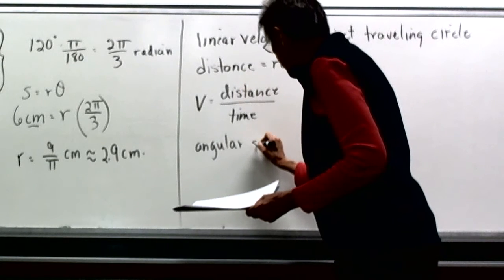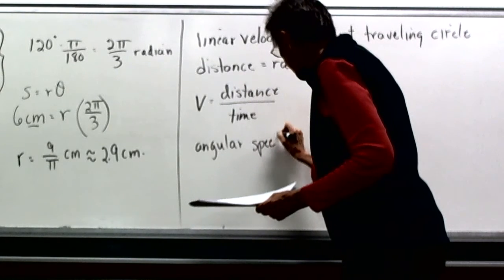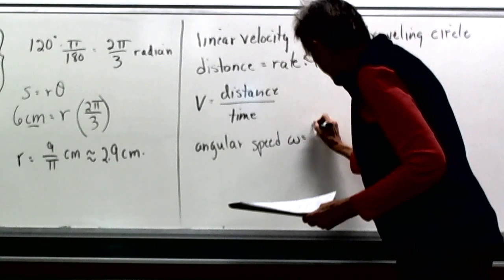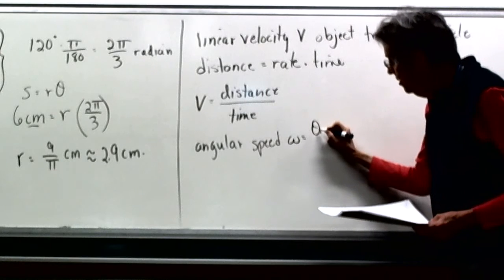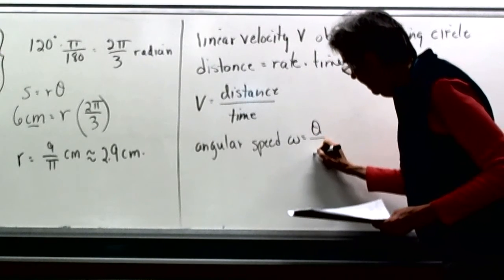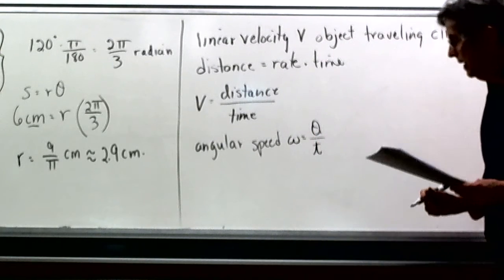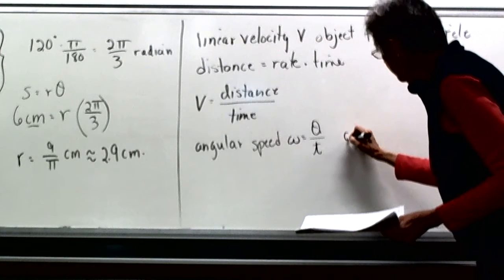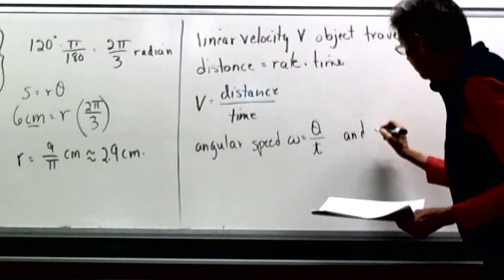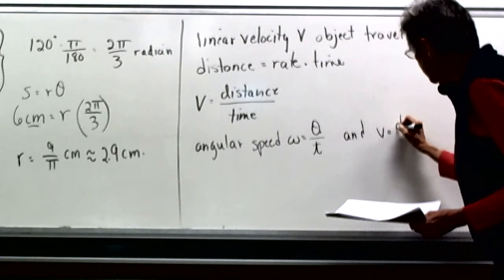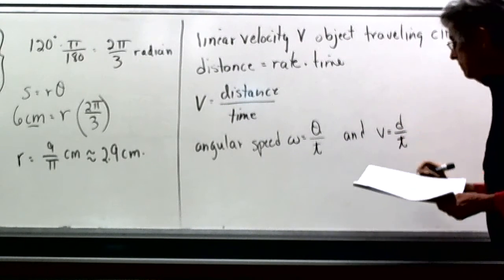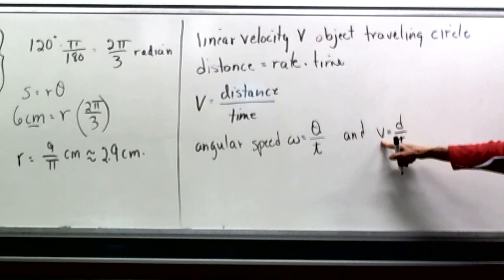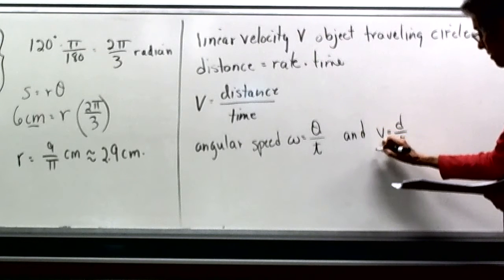So angular speed, which we call omega, is equal to the change in the angle divided by the time that it takes for that angle to change. And we also have another formula that we've talked about, v equal to d over t. So this is angular speed, and this would be the linear velocity of the object on the circumference of the circle.